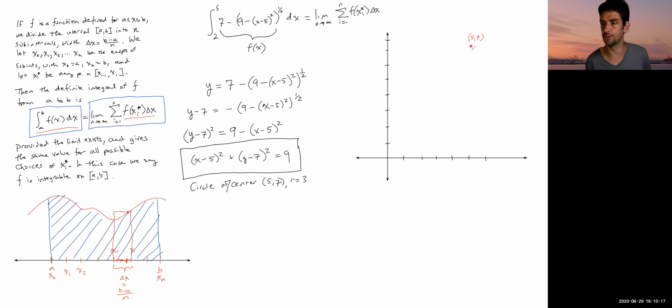So for instance, since the radius is 3, if I went to the point right below the center, it should be at 5, 4. Same x coordinate, 3 lower on the y coordinate. This is a point at the bottom of the circle. I can do the same thing going out in this direction.